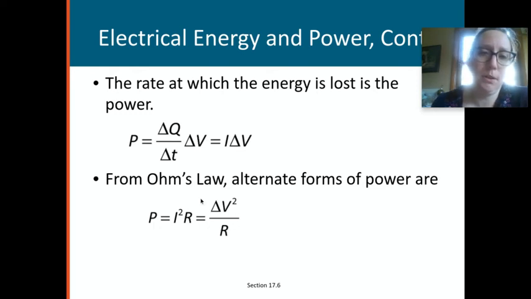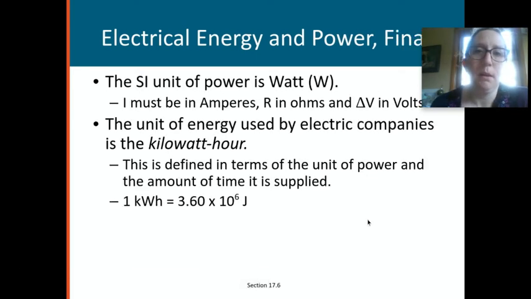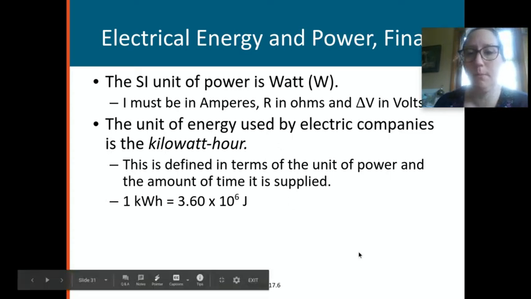So I personally would put all of that on your card, and I will again show you what my card looks like later this week. The SI unit of power is the watt, capital W. And then when you buy electricity from your power company, you buy it in kilowatt hours. And a kilowatt hour is 3.6 times 10 to the 6 joules of energy. So they're just attaching power and time together.